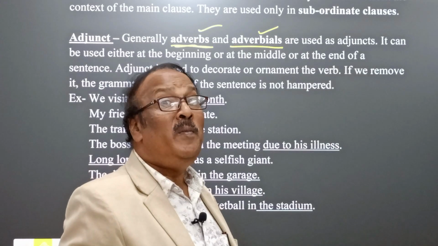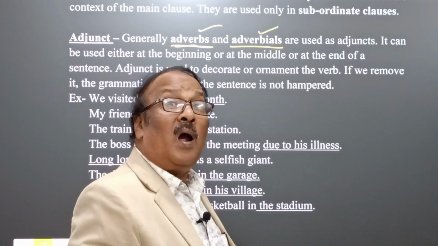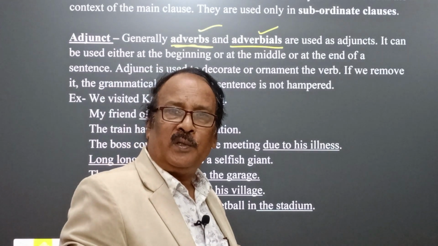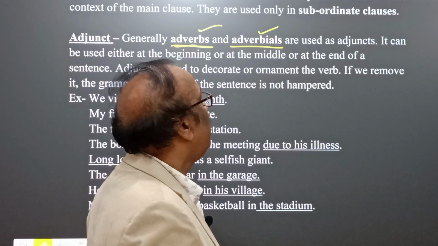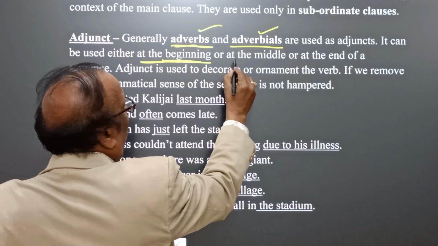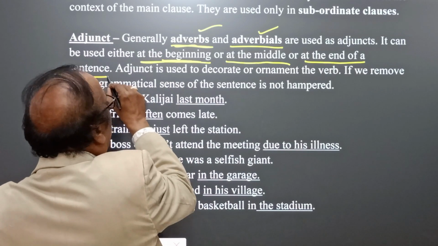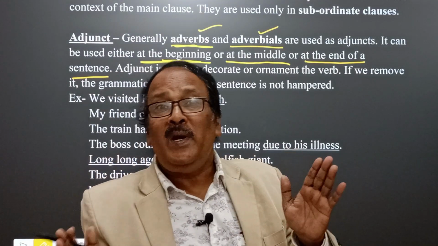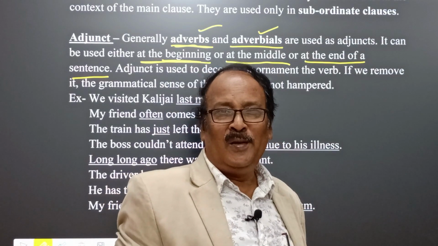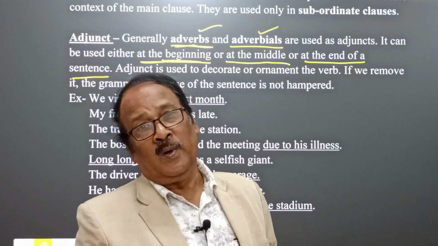Whenever a complement qualifies a noun or pronoun as subject or object, an adjunct qualifies the verb and adds more information about the verb. Yes, it can be used either at the beginning, very interesting, or in the middle or at the end of a sentence. The difference here: a complement is generally used at the end of the sentence, just after the main verb.